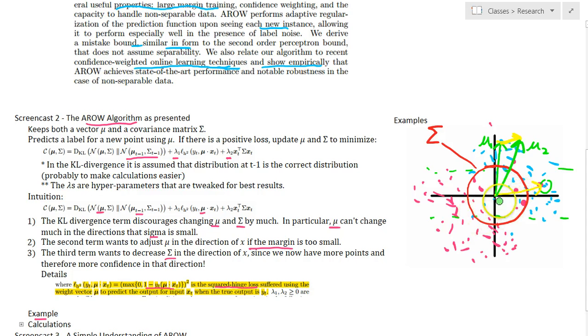Okay? And also, since we've done an update in this direction, we're going to increase the confidence in that direction, which means that this circle, before this was sigma 1, it's going to become something more like that. Now I'm assuming that this parameter is fairly large, so my confidence increased by a lot with just one update.